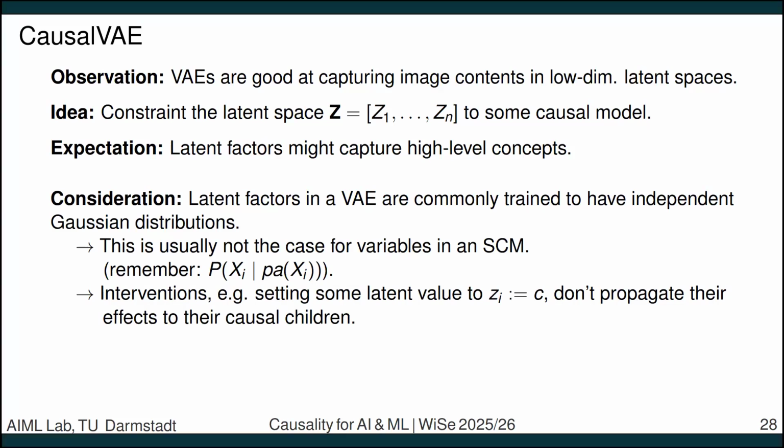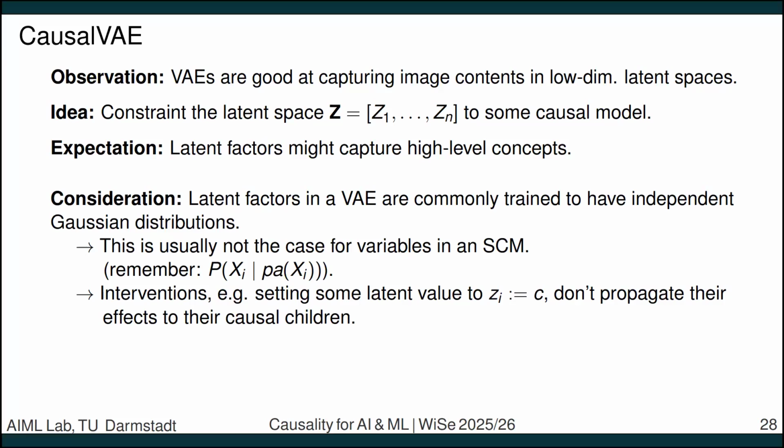And another thing is that if we set, for example, one set to some value, so we want to intervene on it, usually its effect doesn't propagate to its causal children. So if we intervene on, let's say, set 3, all the following set 4, 5, whatever, they don't change.